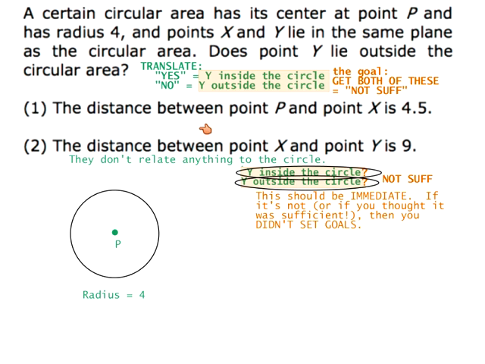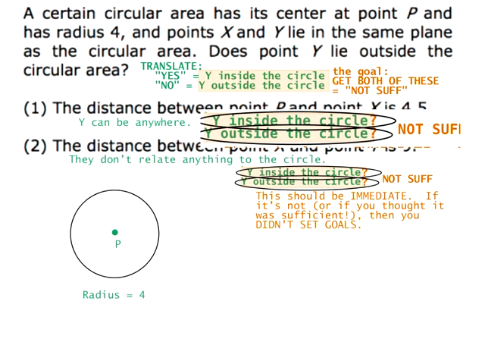And then statement 1, you don't know anything about Y. I mean, the goal is to try to put Y in or out of the circle. So again, a lot of you guys thought, not a lot, but a few of you thought statement 1 was sufficient too, but you don't even know where Y could be. It could be anywhere.